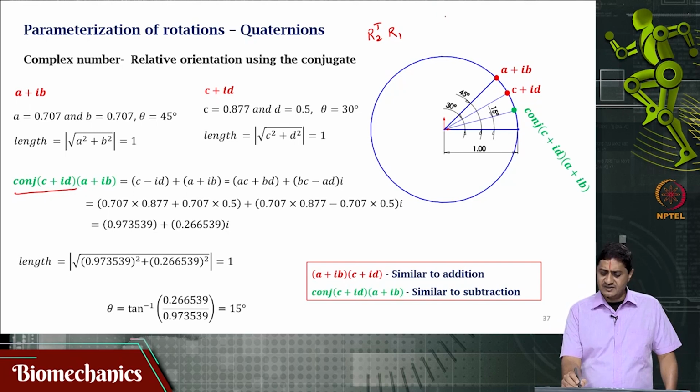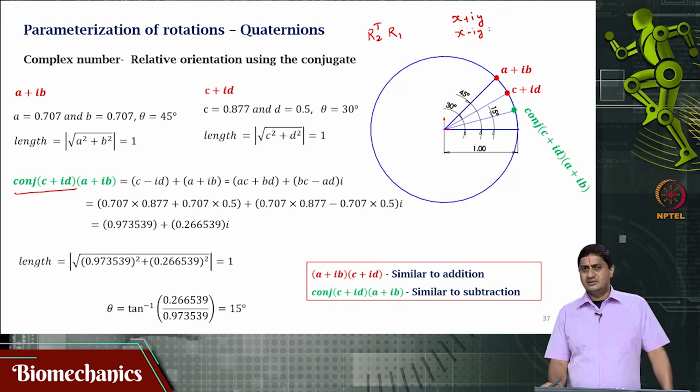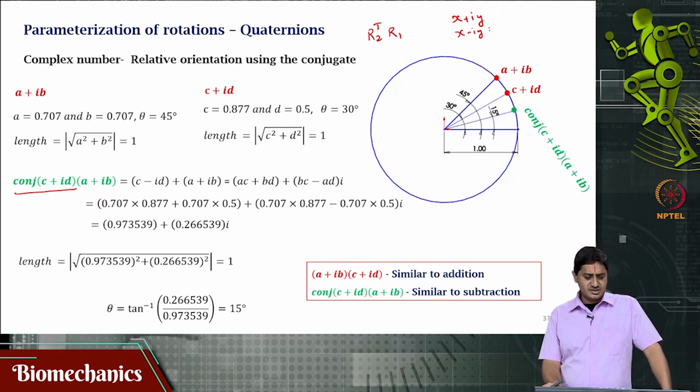Now, if I have a complex number x plus iy, what is its complex conjugate? We know that that is actually x minus iy. Right. That is the complex conjugate.